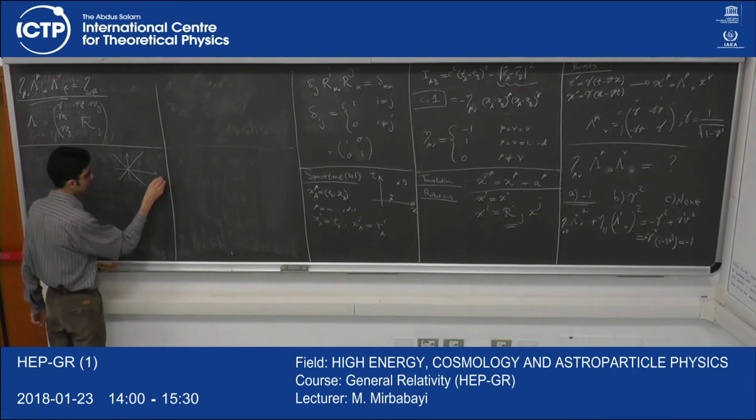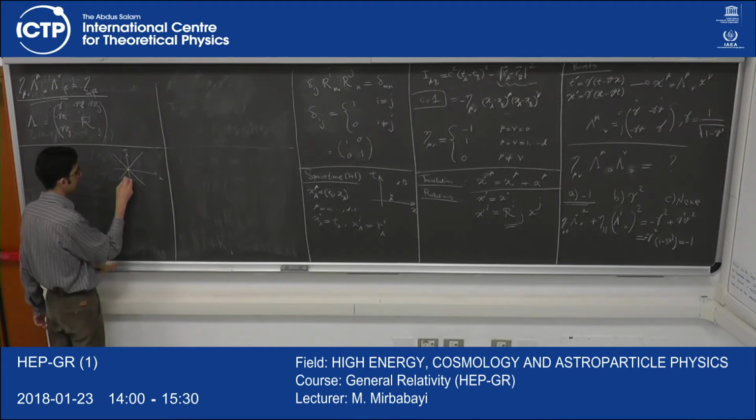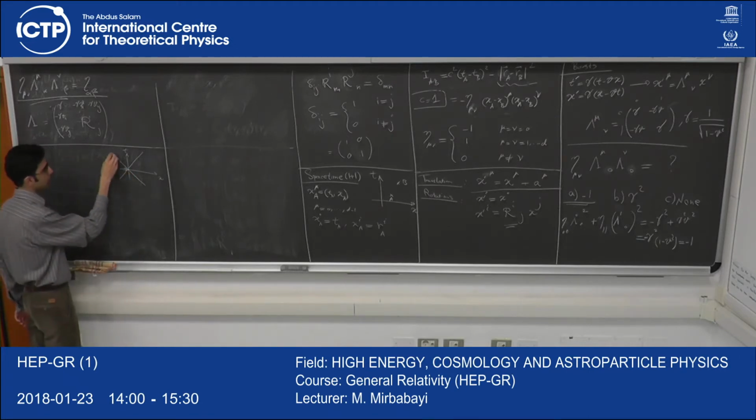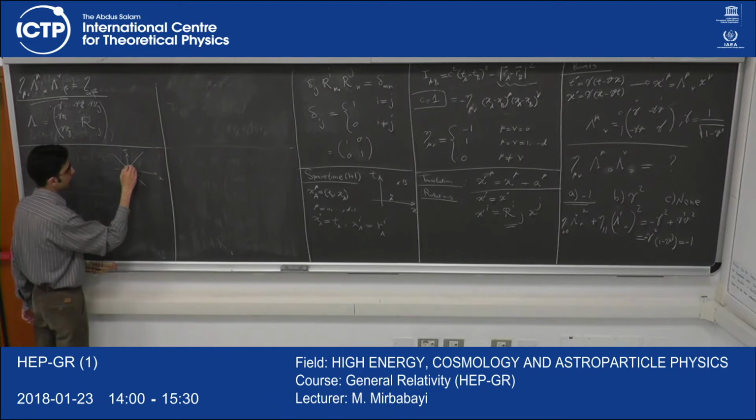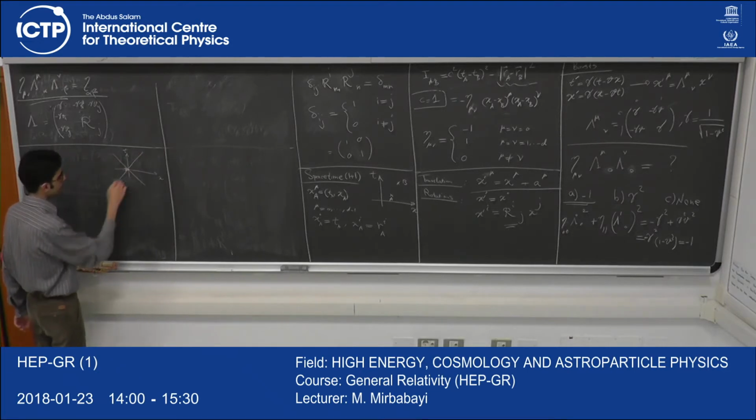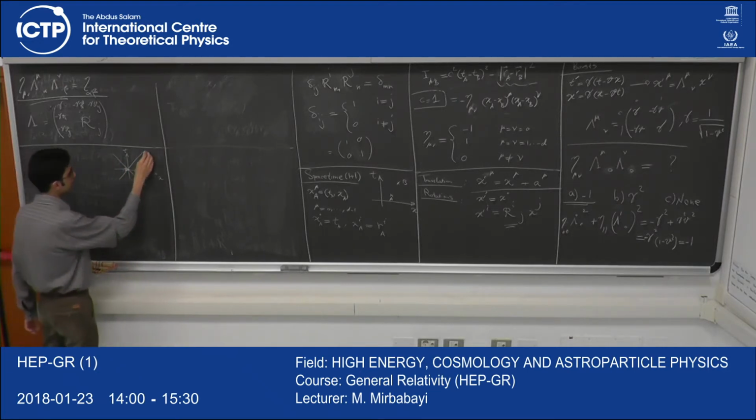So what is the causal relation? Let's say I put point B at the origin. Now I have set c to 1, and these are the lines with t equal to x and t equal to minus x.